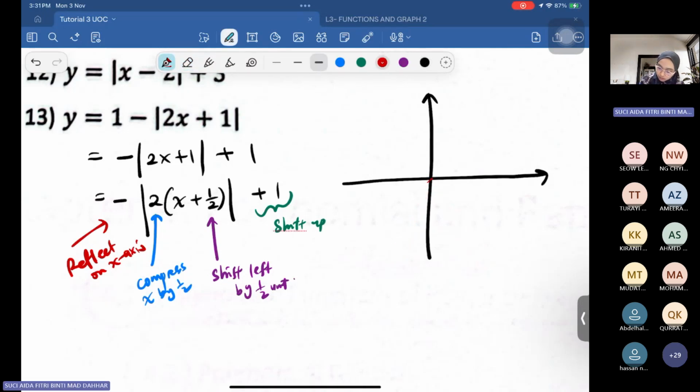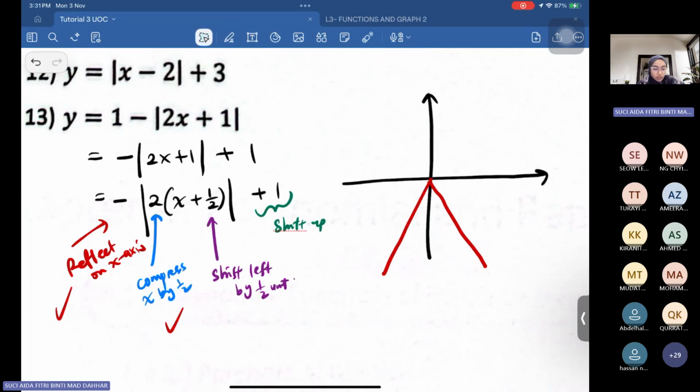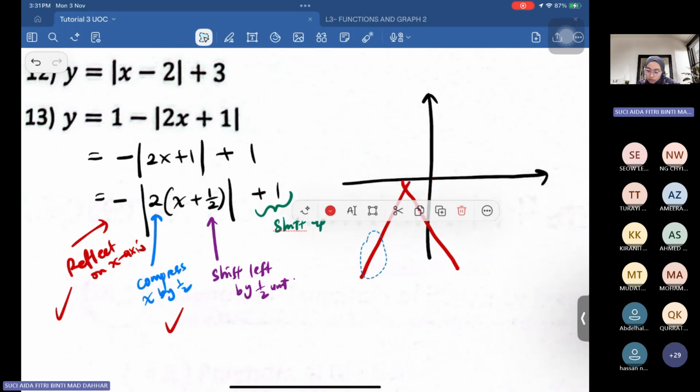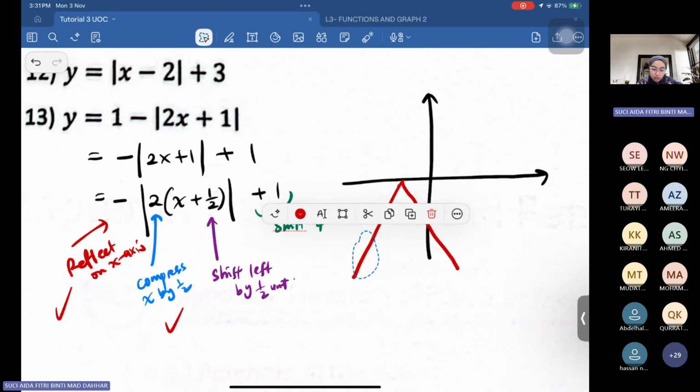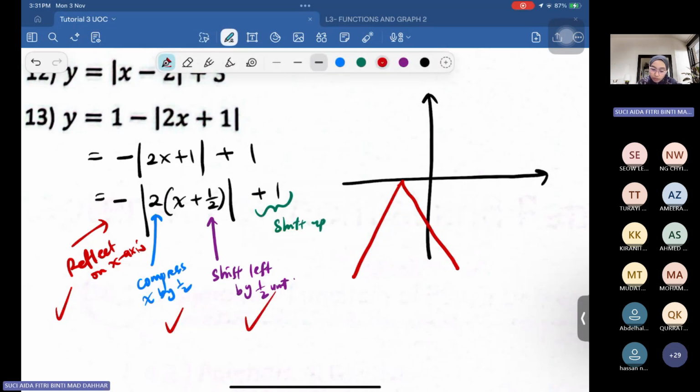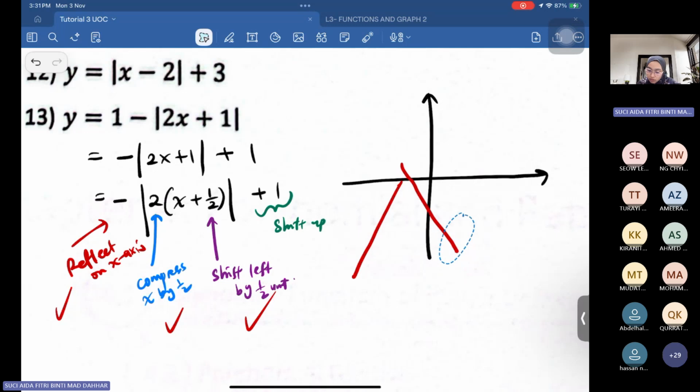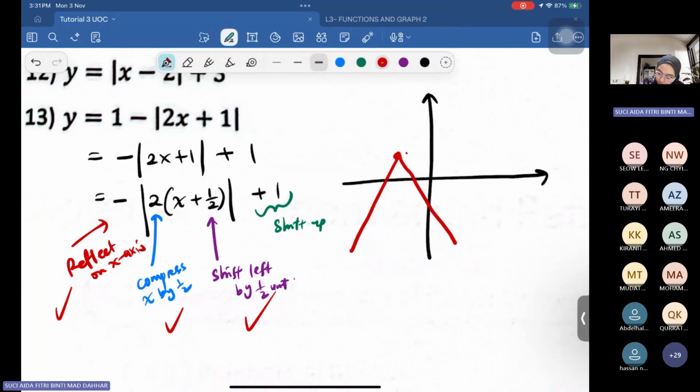Just make it skinnier and taller. Okay, so already reflected, already compressed. Now shift to the left by half unit. So I will move to the left. So it goes to -1. This one also goes to -1. So already shift to the left. Now I have to shift them up. Go up 1 unit. Okay, so this point is now at -half and 1.